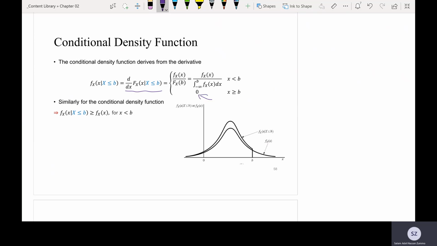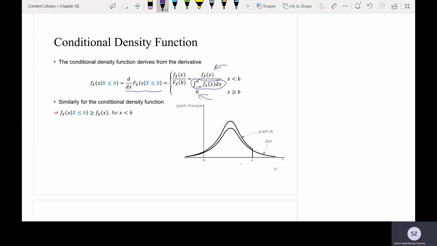Because it's constant, it doesn't change, the PDF becomes 0. Whereas in the first range, it was the CDF of X divided by the CDF at b. Now differentiating the CDF gives me the PDF divided by F_X(b), which is the integral from minus infinity to b of the PDF. The denominator didn't change. The numerator became the PDF.